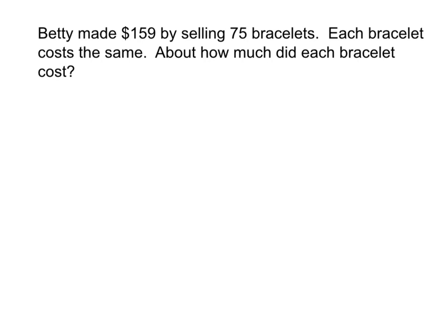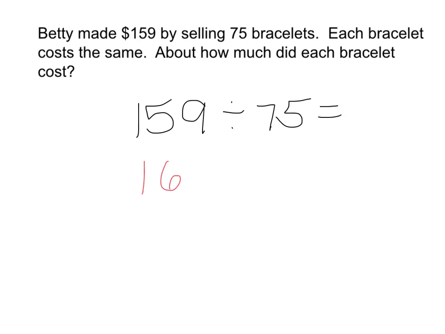If the numbers I'm working with are 159 divided by 75, I'm going to think, can 7 go into 5? No. So I am going to take 159 and compatibly make it 160.